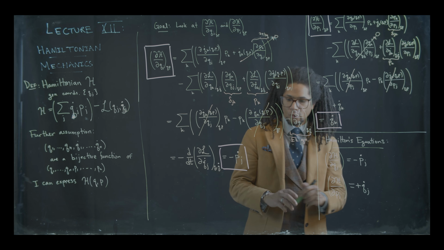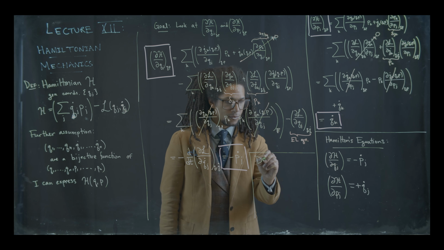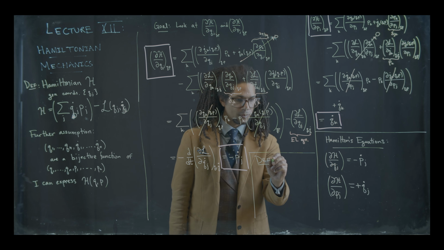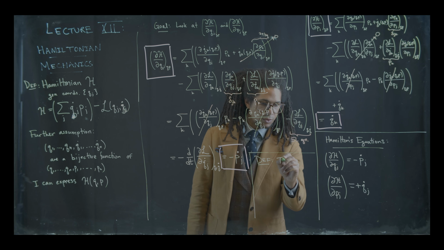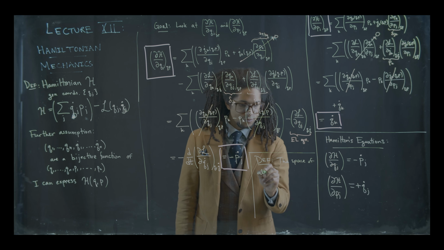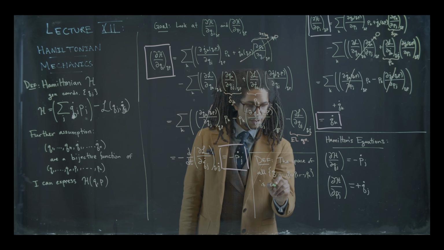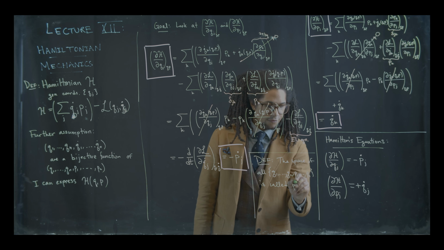By the way, we're going to need to name that space, so let me do it here. The space of all q1 through qn and p1 through pn is called phase space.